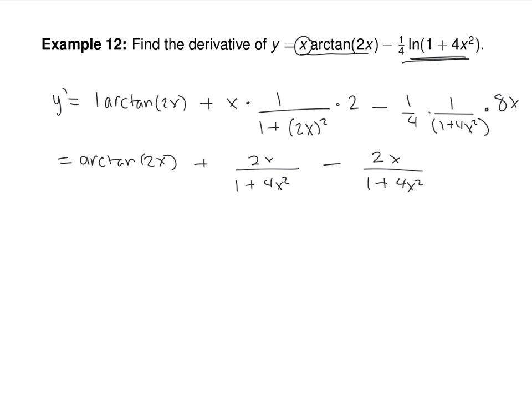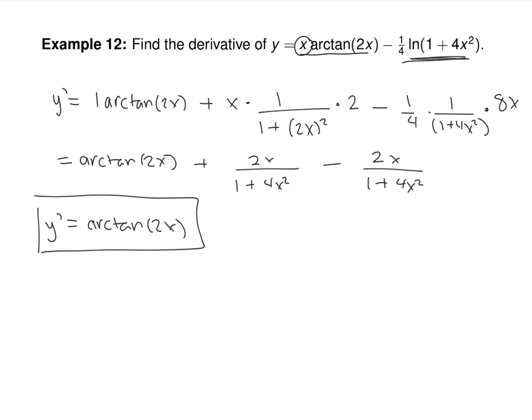And then the 2x over stuff minus 2x over same stuff means goodbye. And your derivative is just arctan 2x, right? All right. That's it for number 1, part 1, yeah. Okay, so we're going to pause.